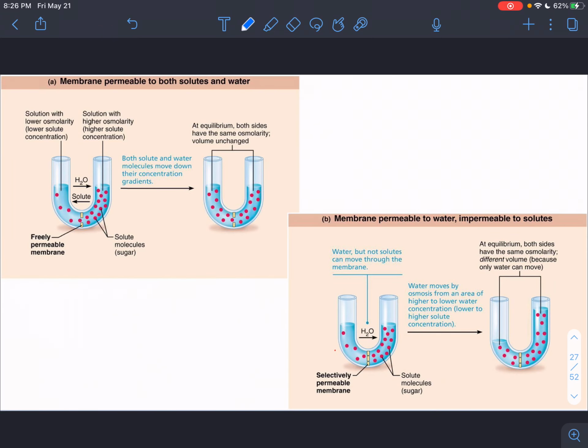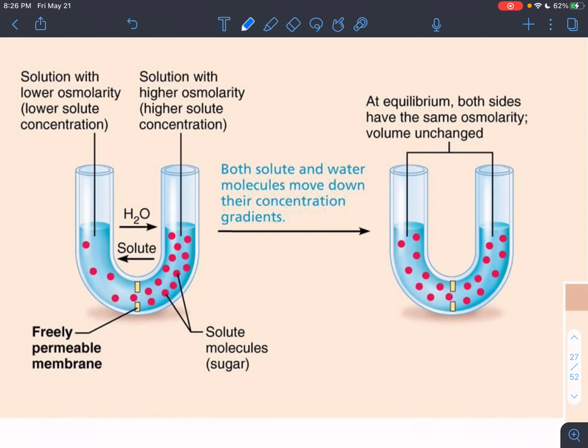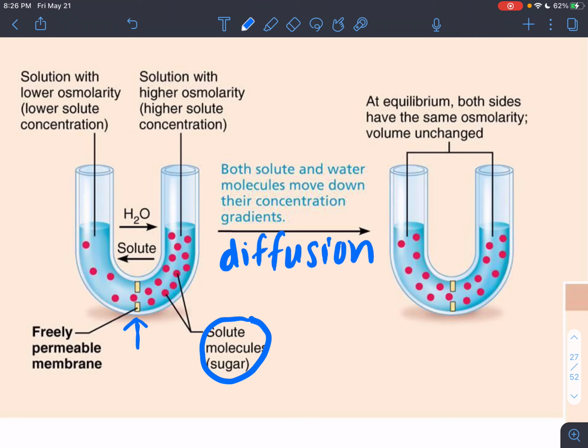All right, so if you have a semi-permeable membrane here, here's an example of a setup. We have a membrane that allows anything to pass through. And our initial starting concentrations, we have a lot of solute sugar molecules on one side, not many on the other side. So you're going to have diffusion happening.